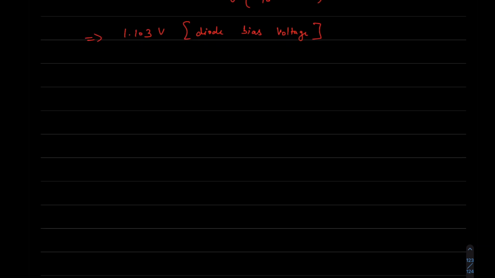Right? Now, for the B part of the question, where our temperature is increased to 100 degrees Celsius. When temperature is increased, only saturation current changes. For saturation current, we have the equation I naught 2 equal to I naught 1 into 2 to the power (T2 minus T1) over 10, which comes out to be I naught 2 equal to 10 to the power minus 12 into 2 to the power (100 minus 20) over 10.